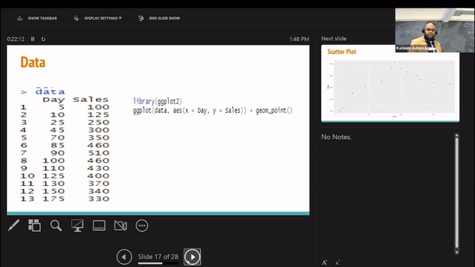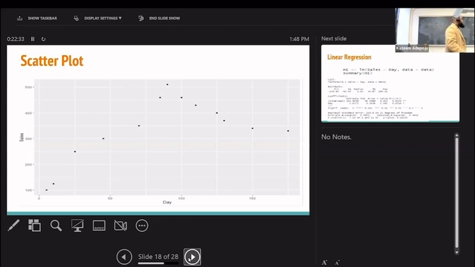Now take a look at this. You have a data set on days and sales. Okay, day 5 you sell 100, day 10, okay, you can see that, right? Now you generate your scatter plot. Don't forget, when you generate your scatter plot, this is what you have. Do you know this is going to suggest to you that you should split?